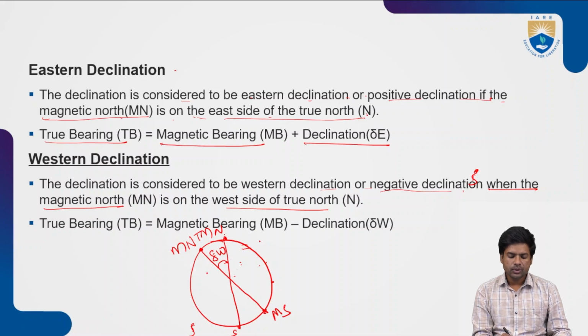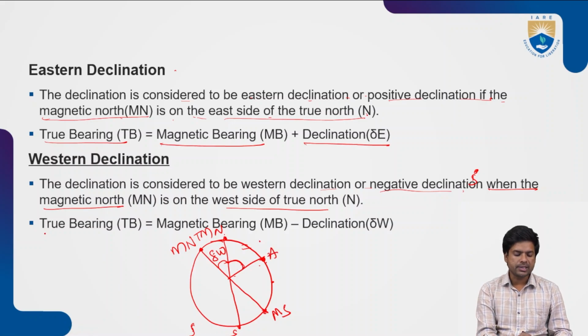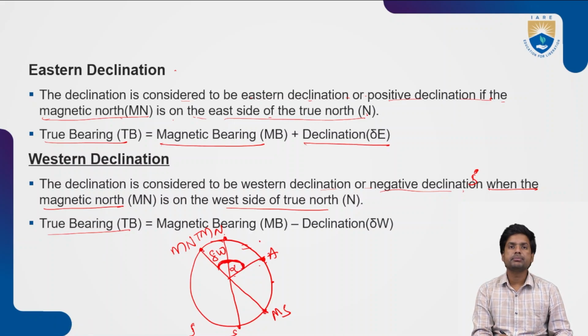Suppose you have the line A, and we are going to find out its true bearing. This is the true bearing, and this is the bearing with the line A. The formula is: true bearing equals magnetic bearing alpha, the total angle made with the magnetic north, minus the magnetic declination.